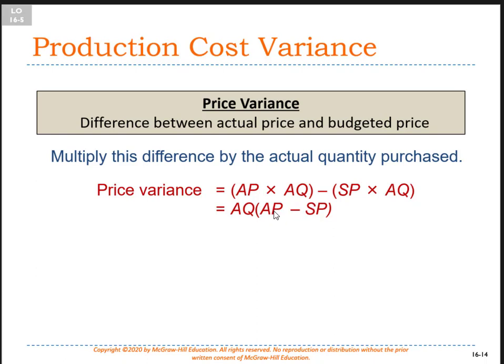Notice what it is: the difference between what we paid and what we should have paid, what we planned on paying, in parentheses. Multiply that out, and that gets you your price variance. Remember, a favorable variance is when we paid less than we planned. Unfavorable, paid more, or more profit is favorable, less profit is unfavorable.